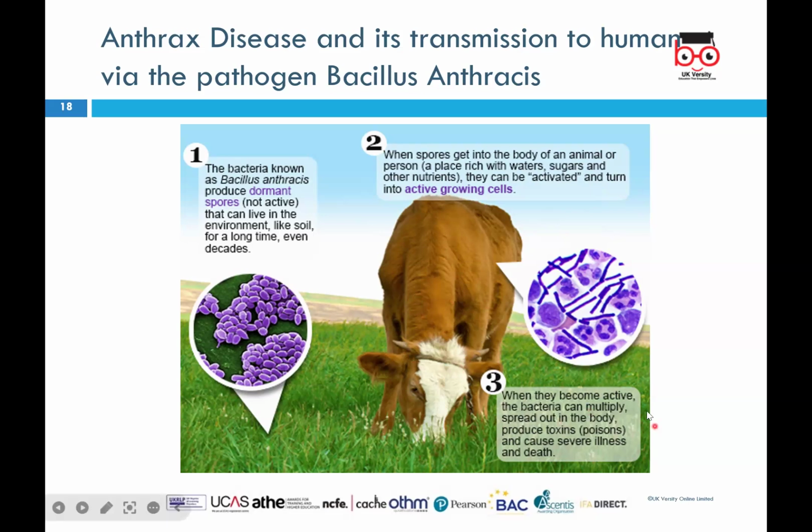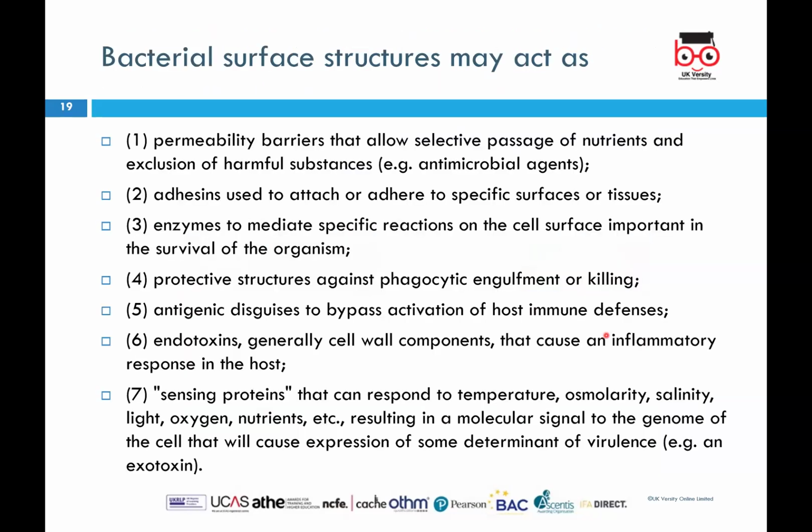When they become active, the bacteria will multiply, spread out in the body, and produce toxins or poisons and cause severe illness and death. So we saw that a bacteria itself is not causing the infection. A bacteria is giving rise to spores, and they remain inactive for a very long time. Once they're ingested, they become active. Then these spores produce toxins or poisons, and they cause severe illness and death.